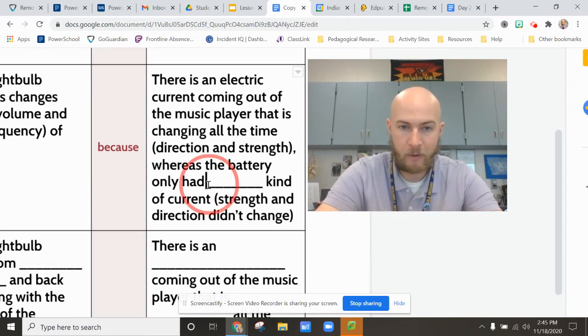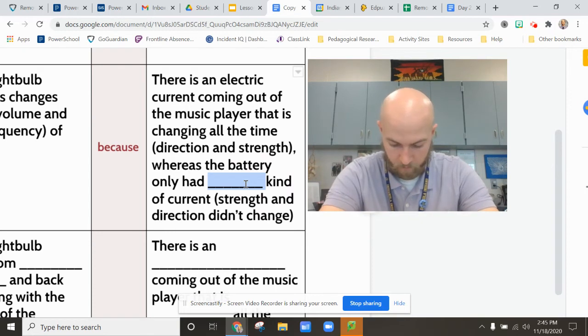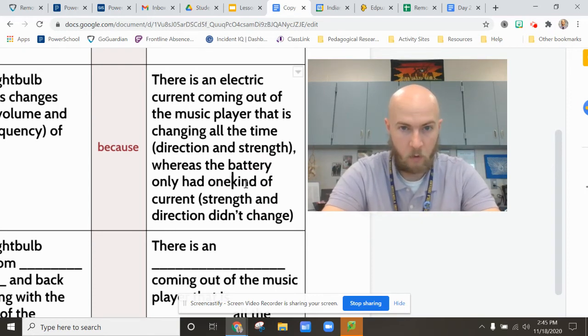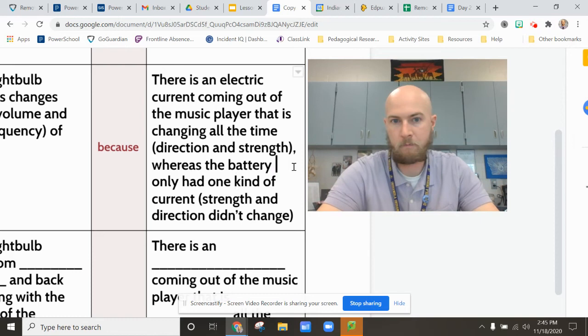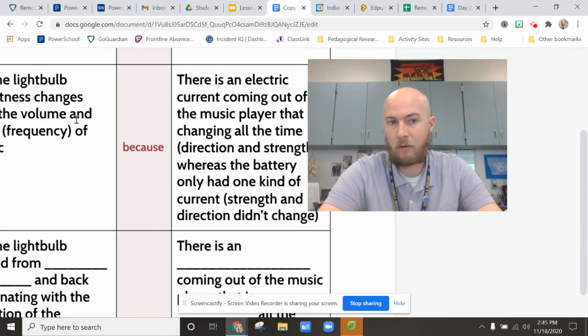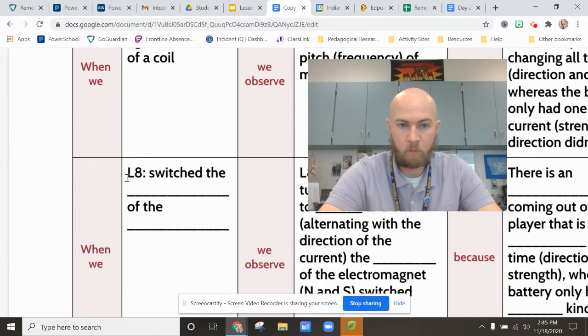And in the battery, it only had one kind of current, right? And in that one kind of current, the strength didn't change and neither did the direction unless we manually turned it. So that's the reasoning for that explanation.